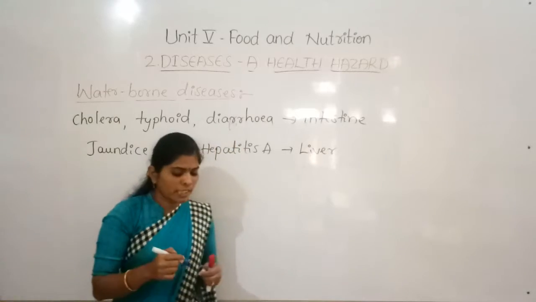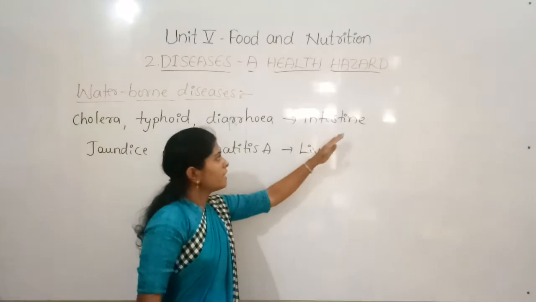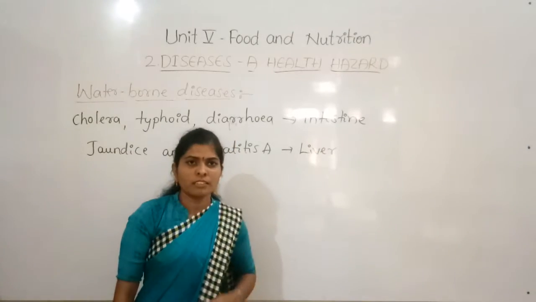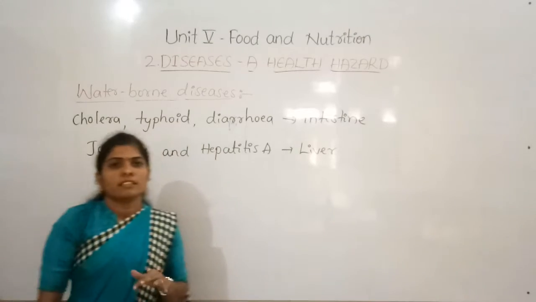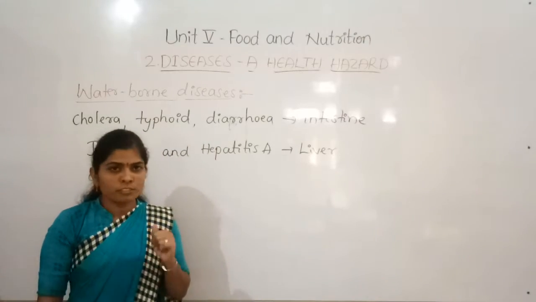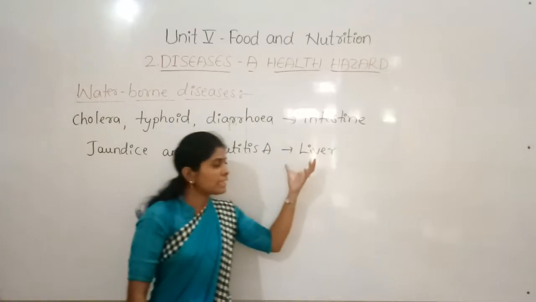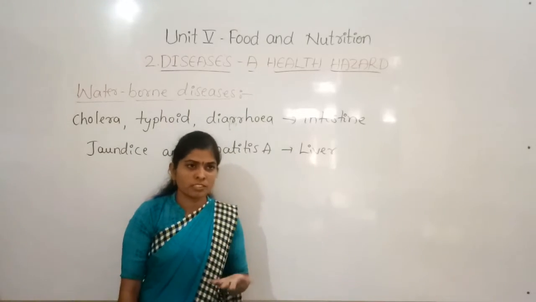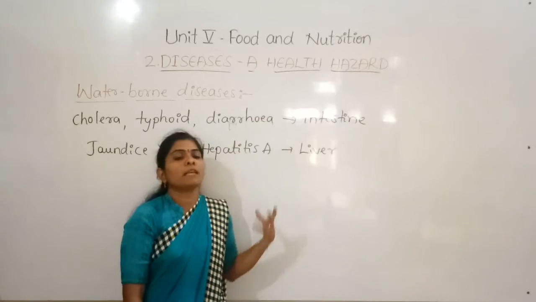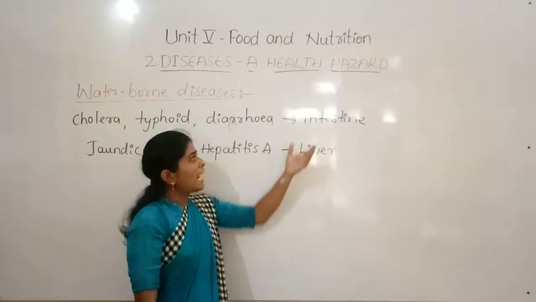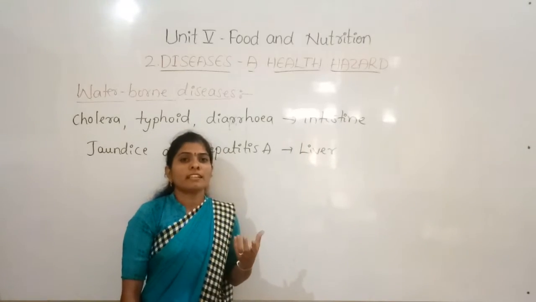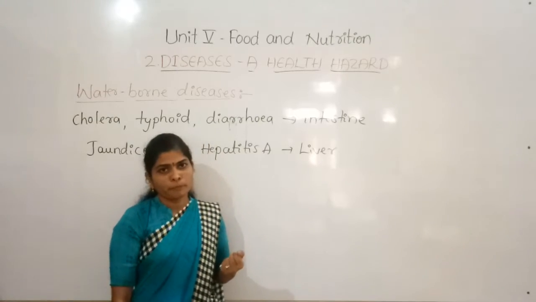See, both the intestine as well as the liver are parts of our digestive system. Whenever we eat food, the liver secretes some digestive juices and helps in the digestion of the food, and the intestine also helps in the digestion of the food.